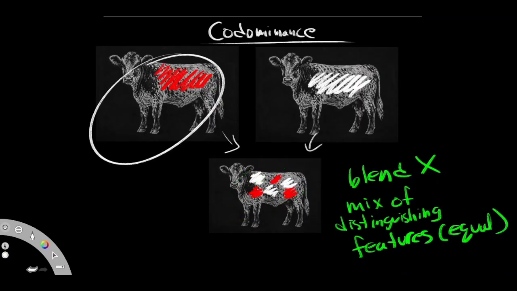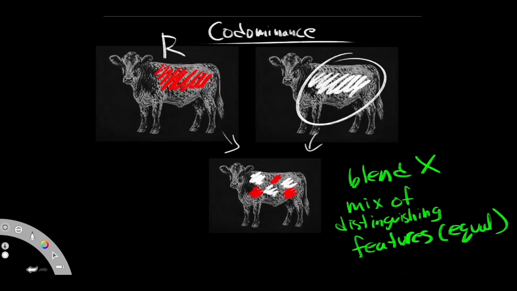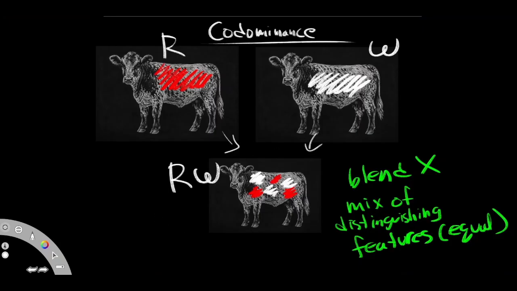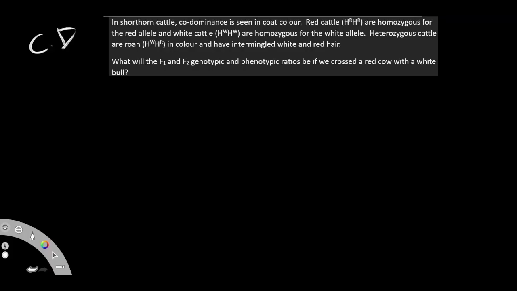Both alleles are expressed equally. So if one parent is red and the other is white, both R and W are seen in the offspring. It's just that RW here doesn't stand for pink, like the snapdragon plants we looked at. The RW stands for red and white separately. Again, this is codominance.